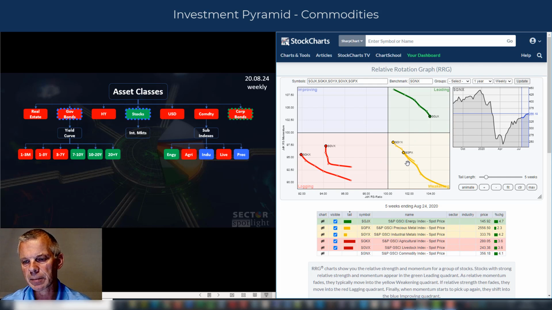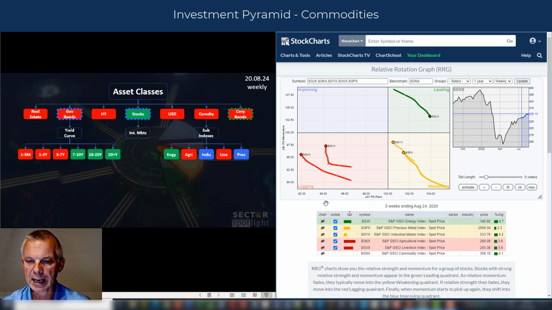We have precious metals and industrial metals inside the weakening quadrant picking up momentum, but they are also still losing relative strength versus GNX. So I keep them at a neutral view until they actually start to curl back up and point towards that leading quadrant, or even better, curl into that leading quadrant at a positive angle.